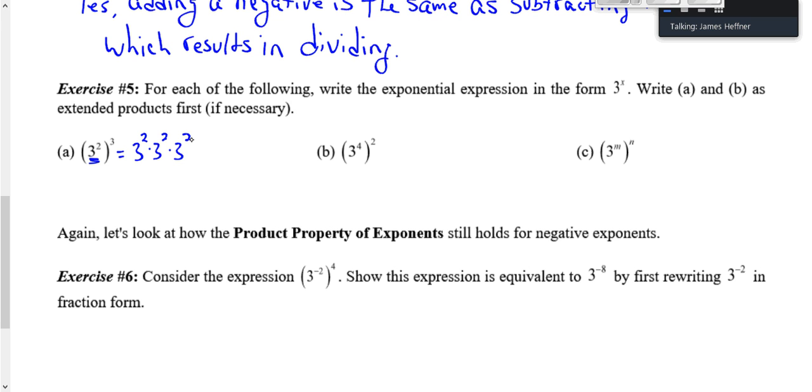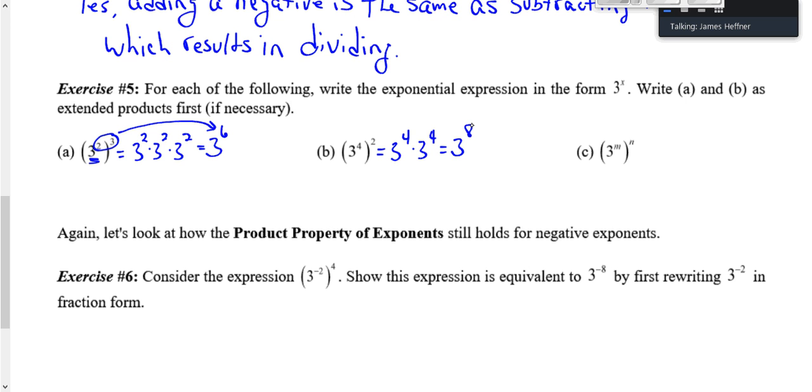To the third power, which is actually 3 to the what? 3 to the 6th. 6th, right? So we took these 2 exponents and effectively multiplied them, right? Because we already did this back in unit 1. 3 to the 4th would be squared. Wouldn't that just be 3 to the 4th times 3 to the 4th, which is really 3 to the what? 3 to the 8th. 3 to the 8th power, okay?